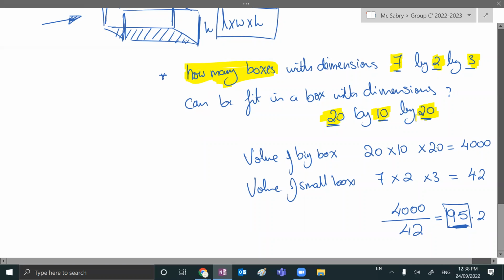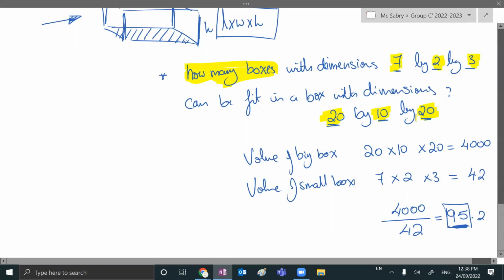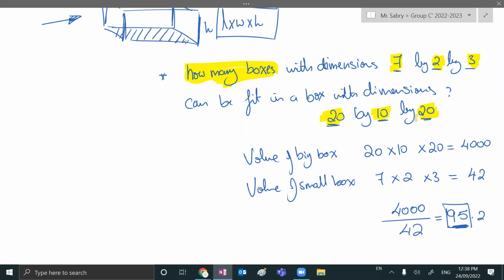There are two types of boxes, a big box and a small box. So to know how many small ones fit inside the big one, you need to get the volume of the big one and divide it by the volume of the small one.